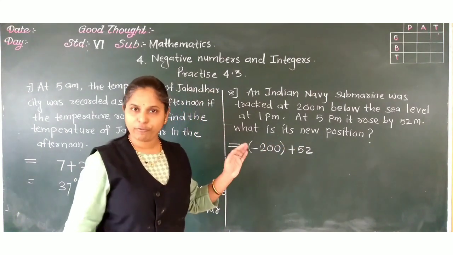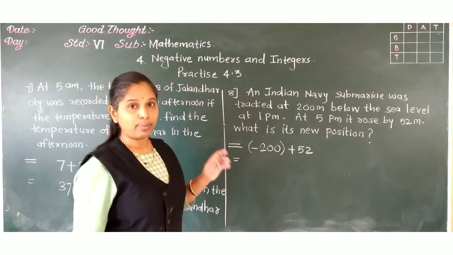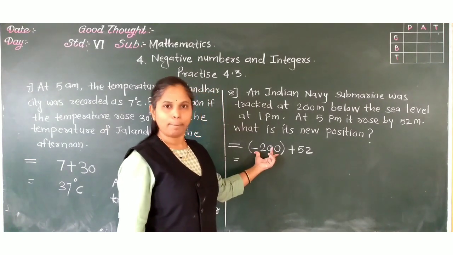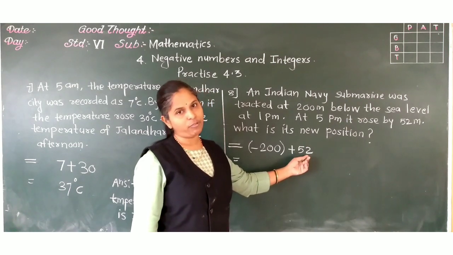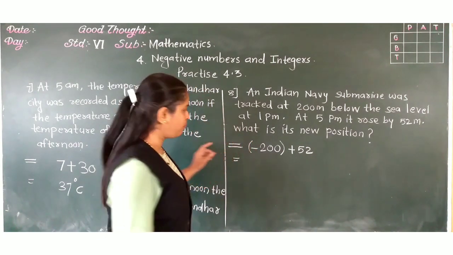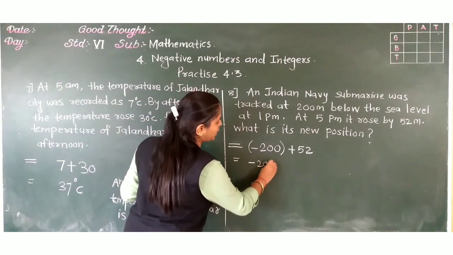Both have different signs. So what do we have to do? We have to compare their absolute values. Now the absolute value of minus 200 is plus 200, so it is greater than the absolute value of 52. Correct? So our answer will be negative only, because the negative number's absolute value is greater.